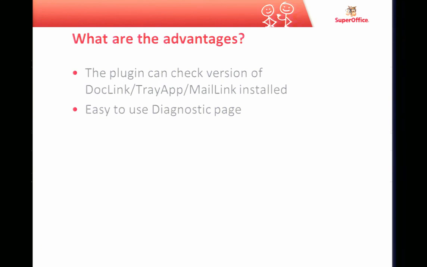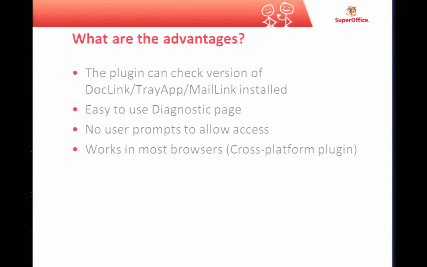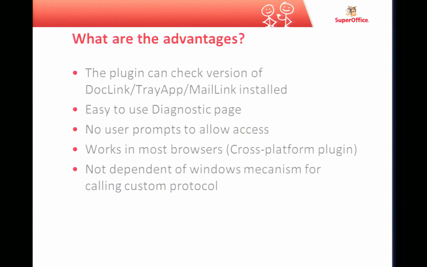I'll show you that later. No more user prompts to allow access to local resources. The plugin will just do it, and it will work. It's a cross-platform plugin. Works in most browsers. And it is not dependent on any Windows mechanism anymore for calling these custom protocols, if it's TRAP or if it's anything else, mostly it's TRAP because that's where we have log documents.